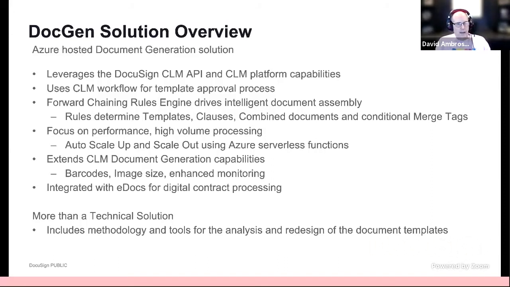And they require a barcode of certain embedded information. That embedded information, again, is determined by a business rule. However, the production of that barcode image and placing it onto the DocuSign template was not supported natively by CLM. So we extended the functionality there.